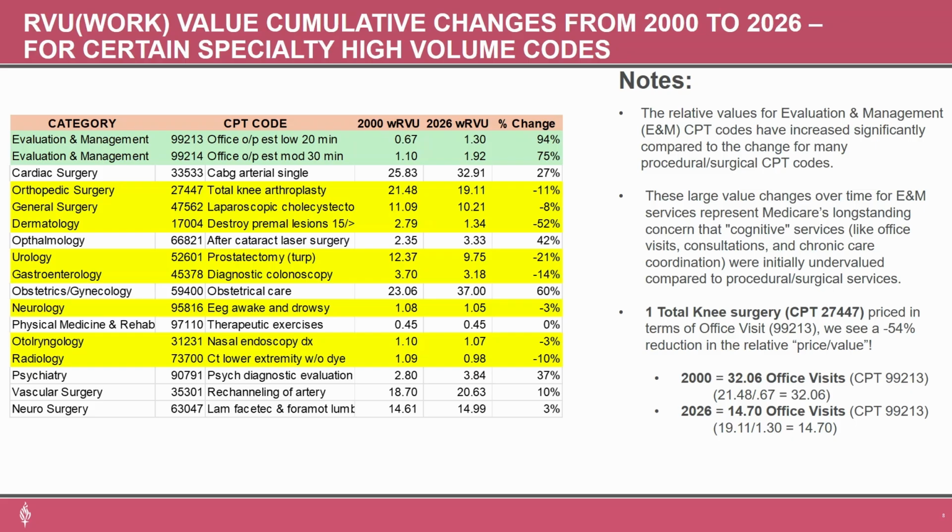So this begs the question, is one total knee surgery, CPT code 27447, correctly priced at just under 15 office visits of 99213? I'm not sure if it's priced correctly or not, but I do know that in the year 2000, it was probably overpriced at 32 office visits.